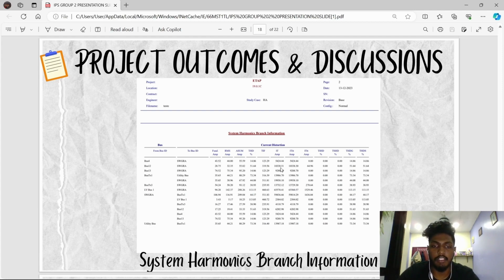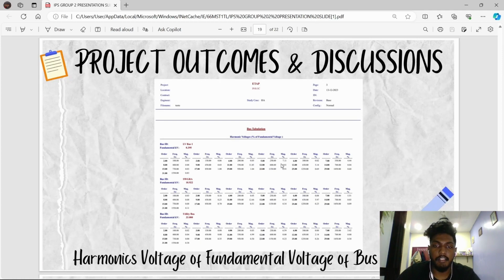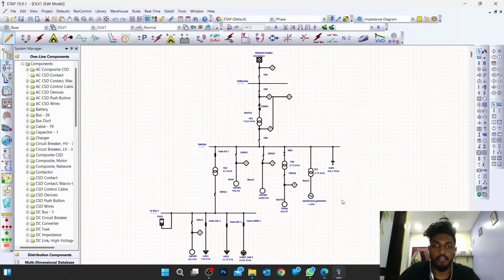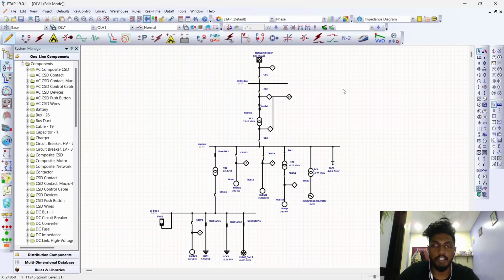So this is for the current distortion. And finally is the bus tabulation, which is the harmonic voltage percent of fundamental voltage for the LV bus, SGWRA, and utility bus, the three main buses. So I want to show the software so I can explain further.